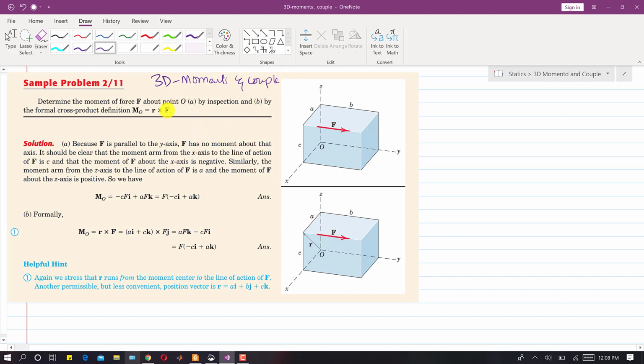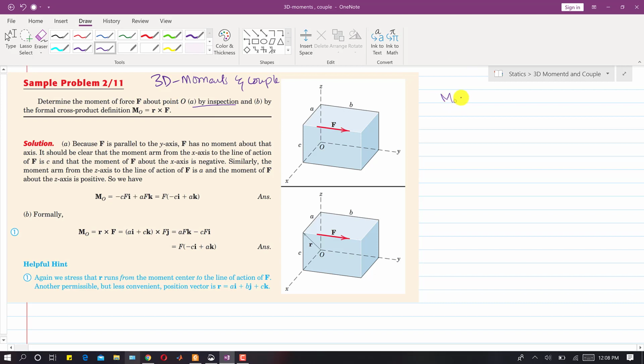In this problem it is said: determine the moment of force F about point O, (a) first by inspection and (b) by the formal cross product definition, M_O equals r cross F. First I will tell you that in 2D problems we used this definition for finding the moment.